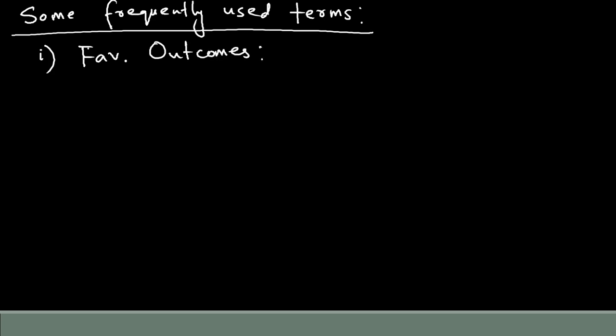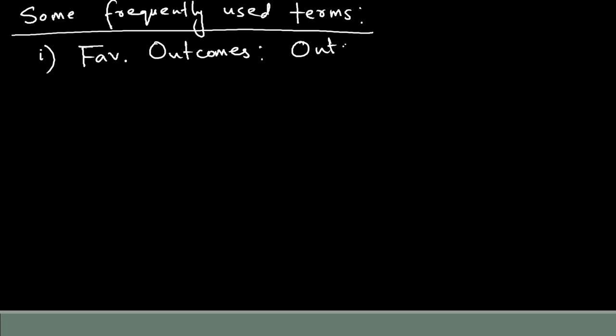What do you mean by favorable outcomes? I was not using this term before, but now that I'm introducing it, henceforth I will use the term favorable outcomes quite frequently when it comes to probability. Outcomes which ensure the occurrence of an event are called favorable outcomes of that event.